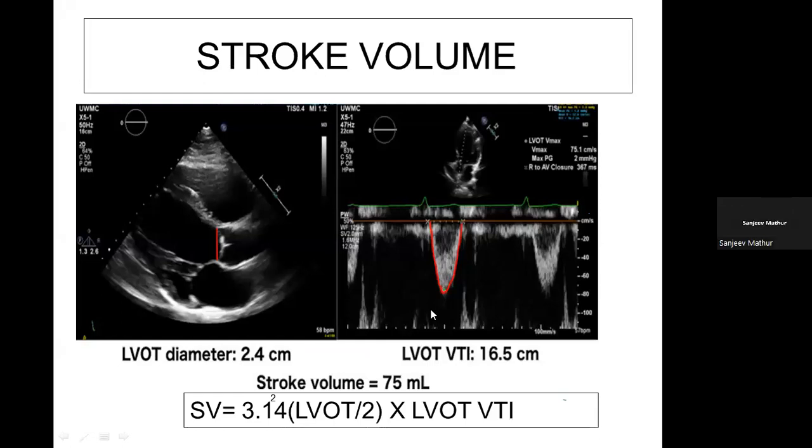There is one company known as AI, and another company known as Ultracon. I can send you the website. You just put up the 4-chamber view, keep it for like 10 seconds, and it'll give you all the measurements. This is known as artificial intelligence-based ejection fraction.